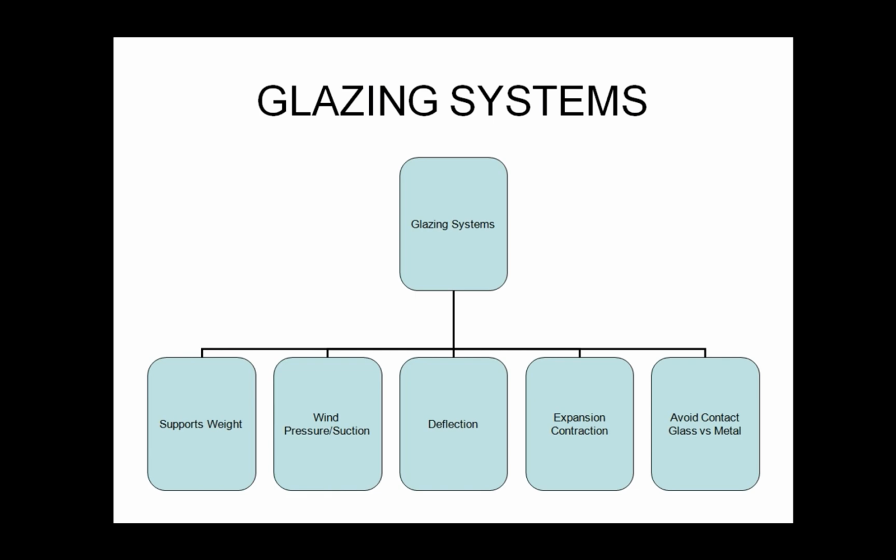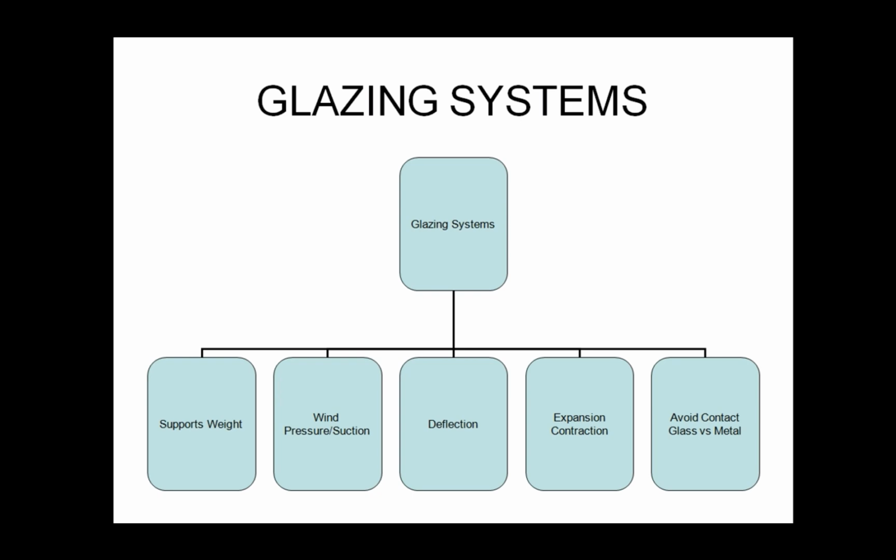And again, glazing is a very important part of this whole process, how to get it up and in. Critical on a glazing system is that it's designed to support the weight, wind pressure, all the forces that are against it, possible deflection, bending forces, and the fact that all the materials in the system have to expand and contract and be accounted for, either through expansion joints or having similar materials so that they all expand and contract at the same or similar rates.